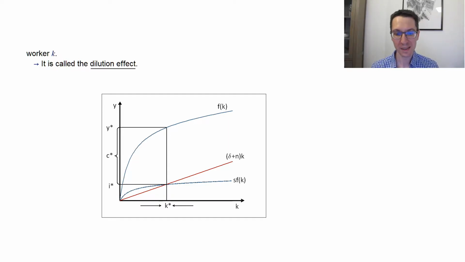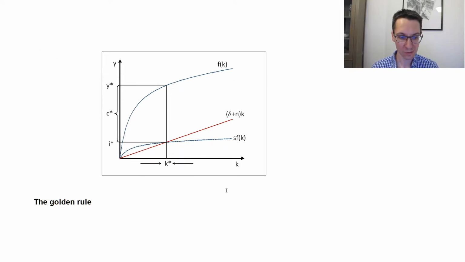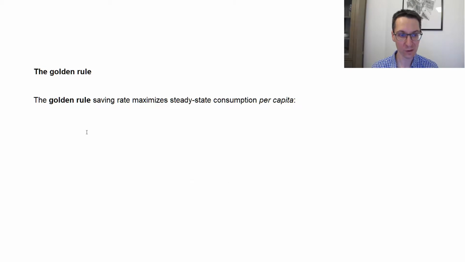All right, last thing we need to consider is the new golden rule. So just as a reminder, the golden rule is the savings rate that maximizes steady state consumption, but now everything is in per capita terms, so we want to maximize per capita consumption, which actually makes more sense since that's what we care about.